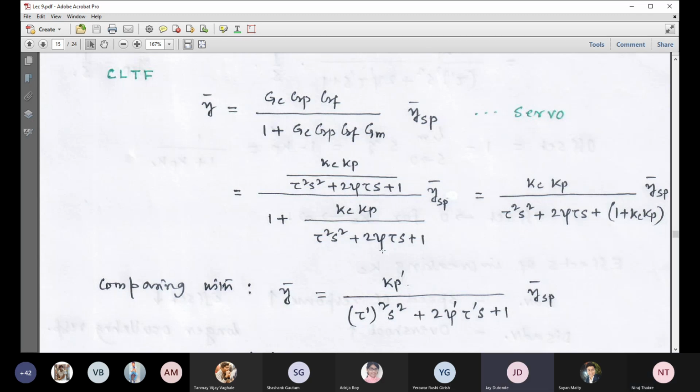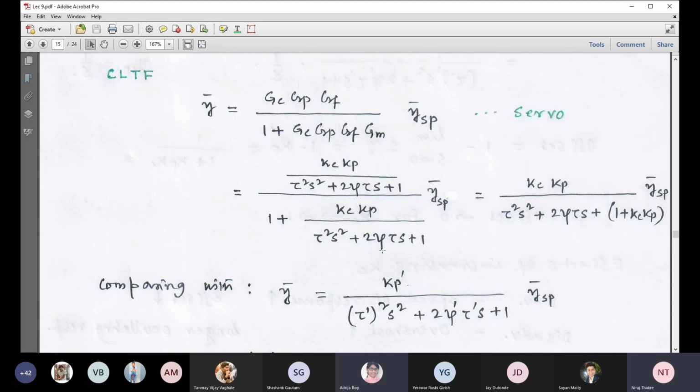You check the tau prime expression, and I also want to know zeta prime. Tau upon under root 1 plus Kpkc. Yes.